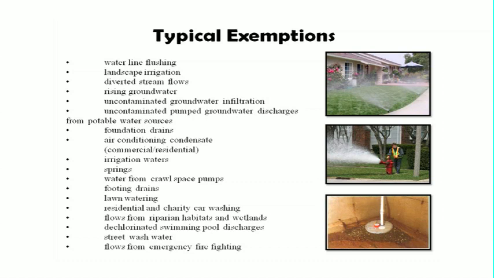And basically, it doesn't list it there, but a homeowner is basically exempt from this unless it's a significant contributor of contaminants. Then the municipality can tell the homeowner that he can't discharge lawn watering or washing his car or anything like that.